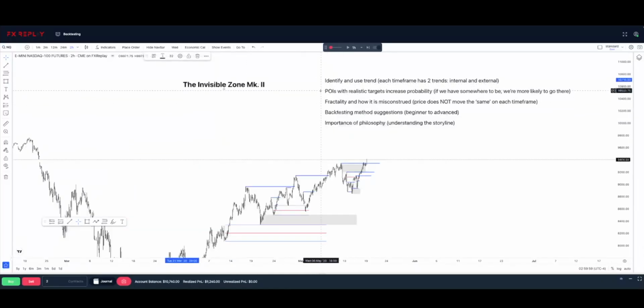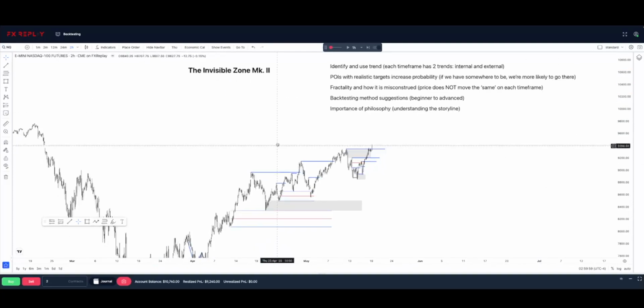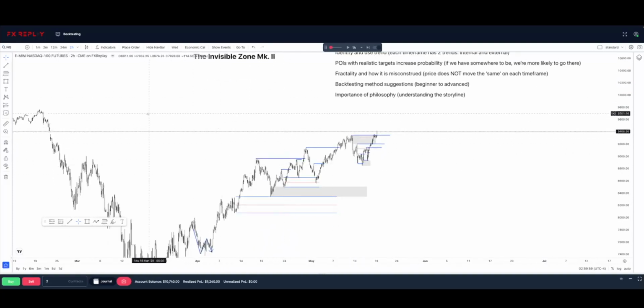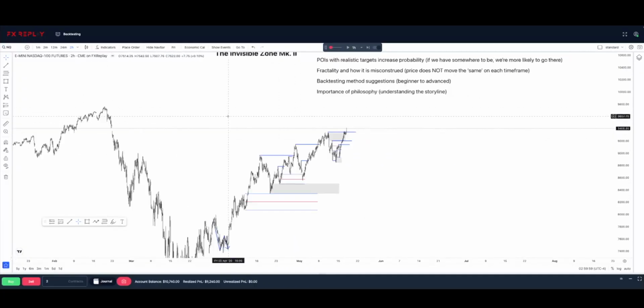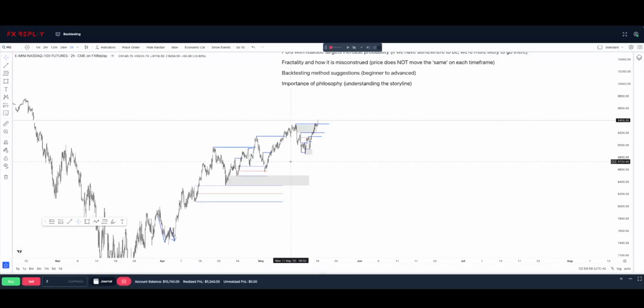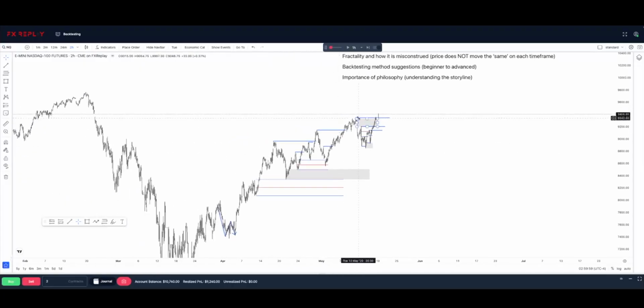Next, I want to talk about the POIs with the realistic targets and how they increase probability. So I said, if we have somewhere to be, we're more likely to go there. What I mean, and what I was saying about there not being an invisible zone right here on this side, is that we seem to have higher to go before we think about actually changing trend externally on the 2 hour to the downside, right?